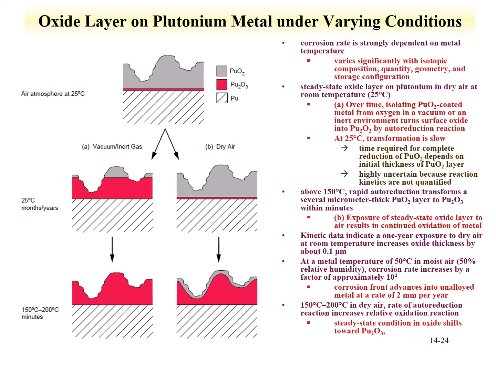Here's an overview of plutonium metal oxidation under various conditions. Here's what we described earlier, where we just have air atmosphere at 25 degrees, where we have the plutonium dioxide, the trivalent oxide, then the plutonium metal. If the atmosphere is varied, and we have either inert gas or dry air, what we see at 25 degrees over a long period of time is an increase of the growth of this Pu2O3 layer.